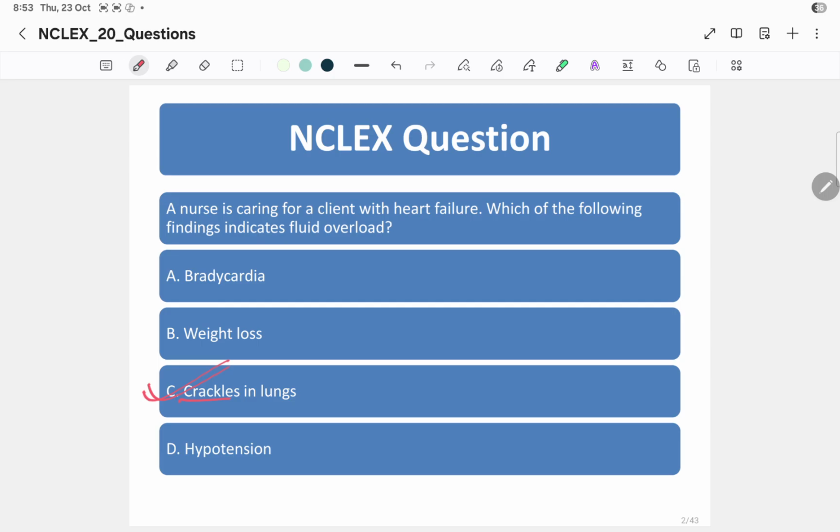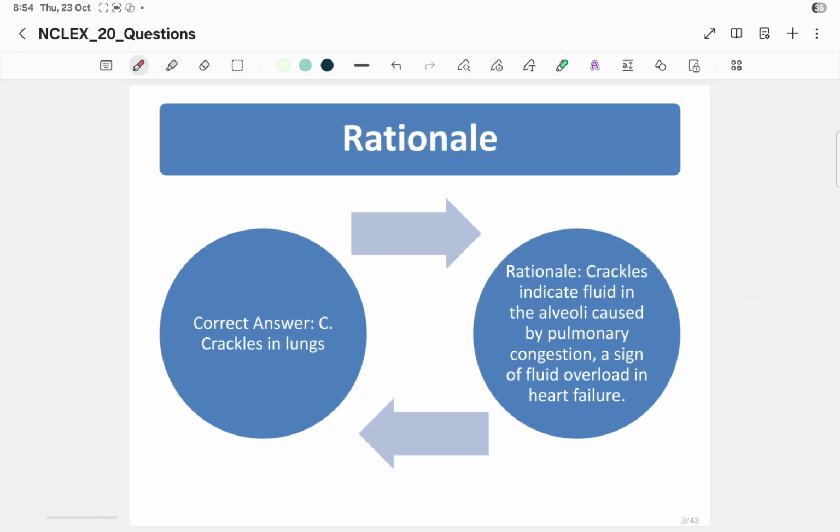This sound is commonly heard with a stethoscope. Clear? Rationale: Crackles indicate fluid in the alveoli caused by pulmonary congestion, a sign of fluid overload in heart failure.